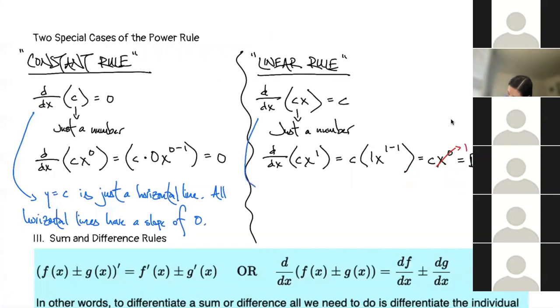So y equals cx is a linear function with a slope of, what is the slope of the line y equals cx?